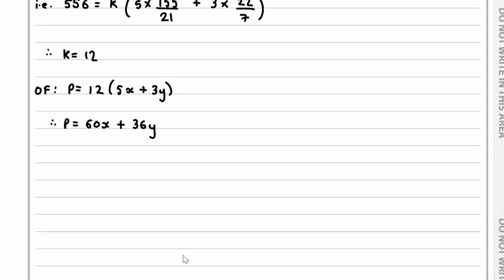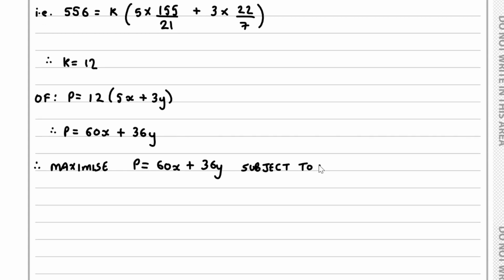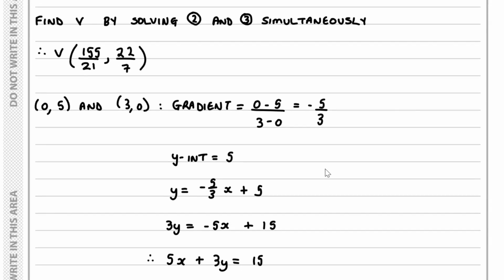So therefore, we want to maximize p equals 60x plus 36y, subject to the following constraints.